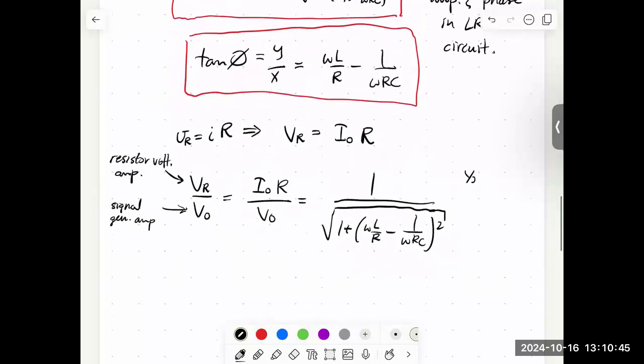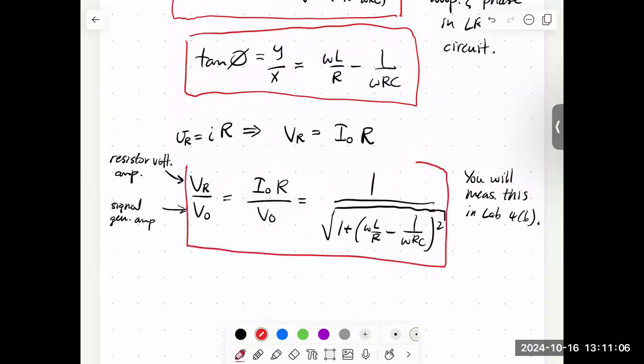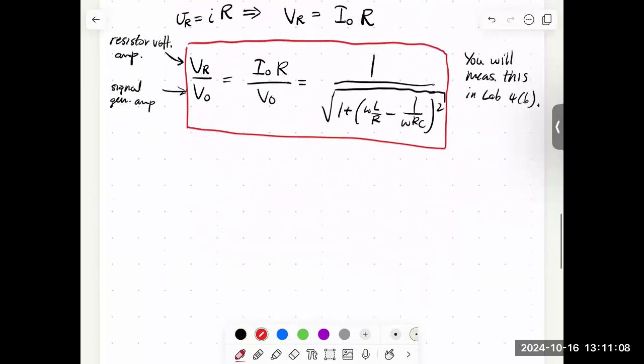Okay, so you will measure this in lab 4, part E. What I want to do is construct some plots of the phase phi and of this ratio of voltage amplitudes.